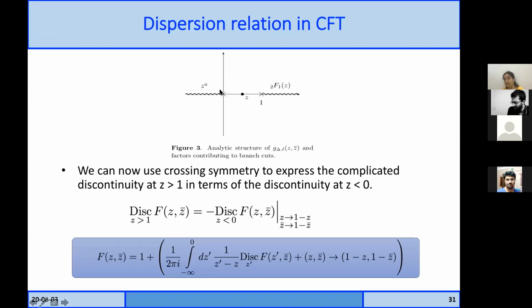So it has a power law and it has a hypergeometric function, but there is no overlap. The branch cuts don't overlap. So the power law discontinuity is only when Z is less than 0, and the hypergeometric function discontinuity is only when Z is greater than 1. Okay. All right. Got it. And since we are using the crossing symmetry, we can just forget about the hypergeometric function discontinuity. So from this expression, you can compute the discontinuity just from this power law. Okay. Thanks.